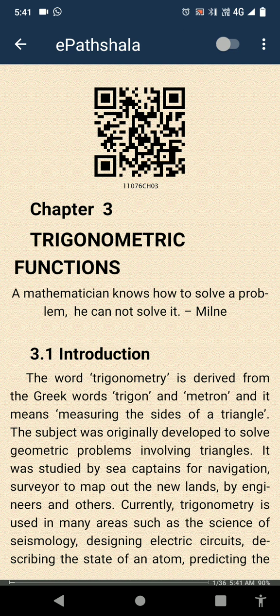At that time, the problems related to that can be solved with the help of trigonometric functions. So it is very important to know what trigonometry is and how to solve trigonometric functions.